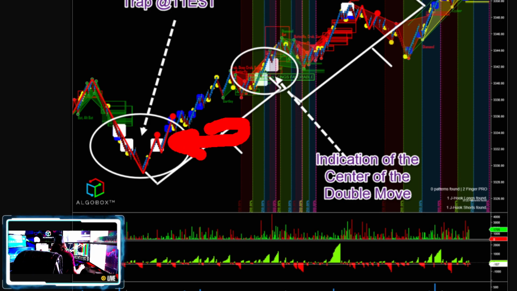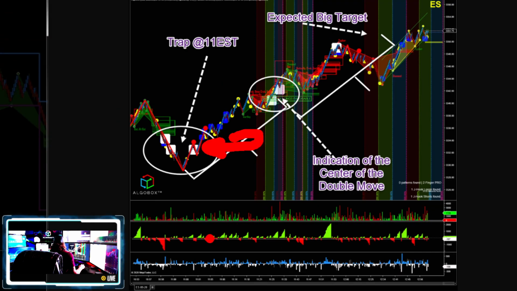In fact, I would still normally take this as a headshot short, only because of time of day I hesitated on it. I did not take this as a headshot short today, but I took the break of that headshot, which you guys know as a piercer, and this is my first entry long as this broke. I literally waited. I didn't just jump in on that cross. I waited until the headshot broke for my first entry on this setup.